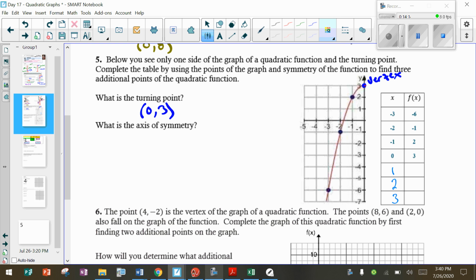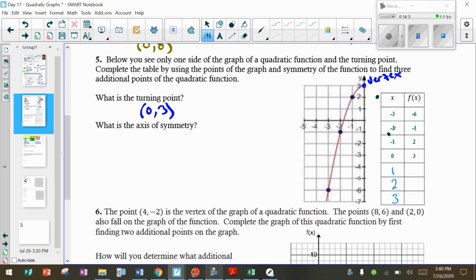once we know where the vertex is located, the coordinate points will be symmetric. So we would have a point on the graph somewhere over here, and another one over here, but the y values would be the same.